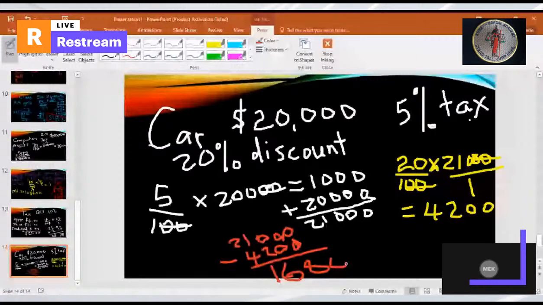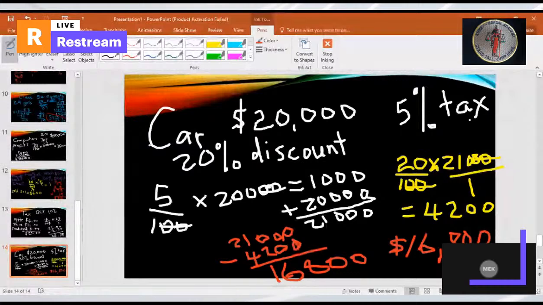One last thing before we wrap up this class. What I want you to do at home is work out the discount first, and then work out the tax, and see if you would end up with the same answer. This is our final answer here. That's what you're going to pay for the car.